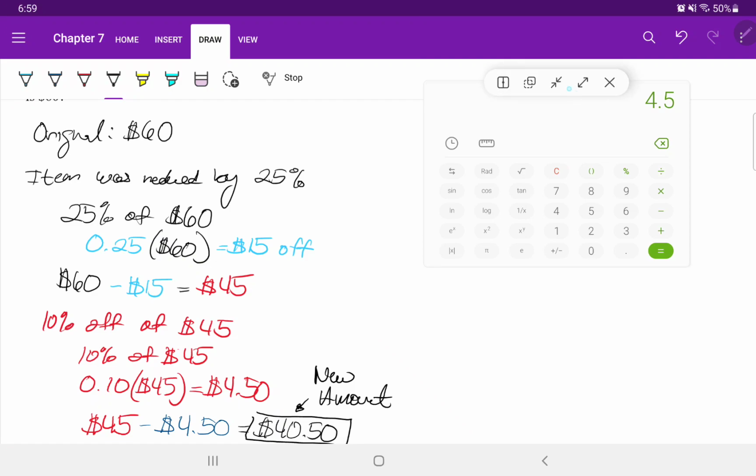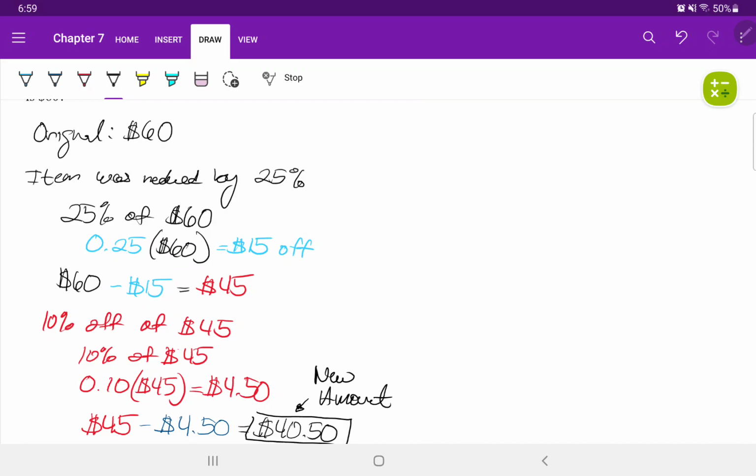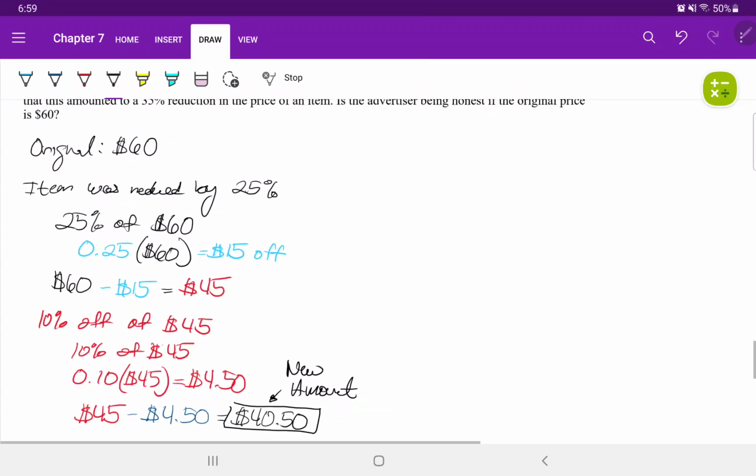So, if I use both discounts, the 25% off already, and then using a 10% discount card, I am paying $40.50 instead of the original $60.